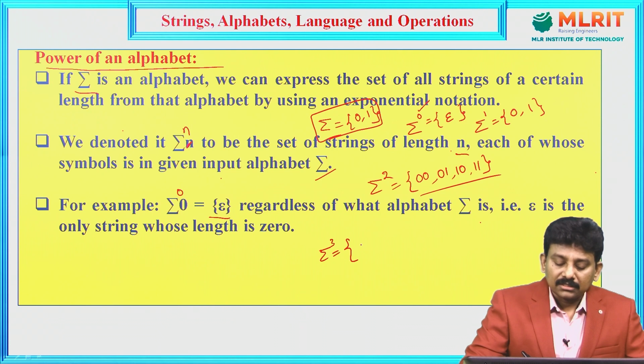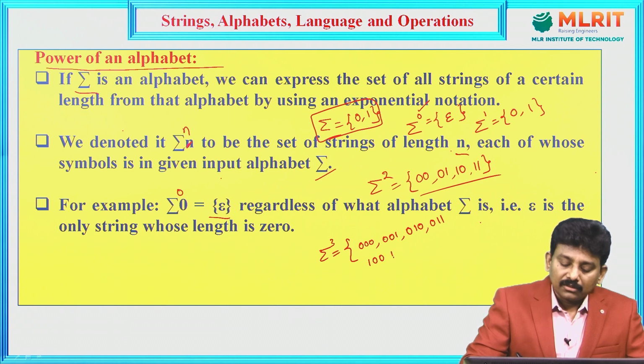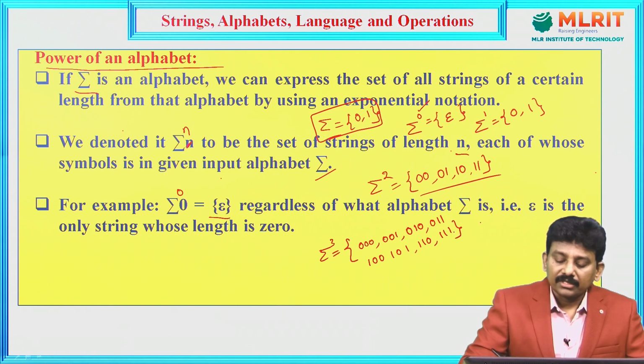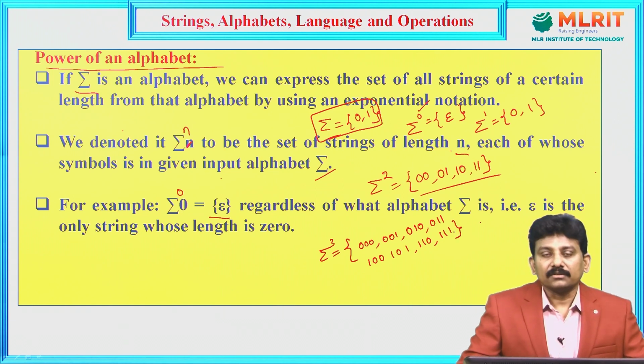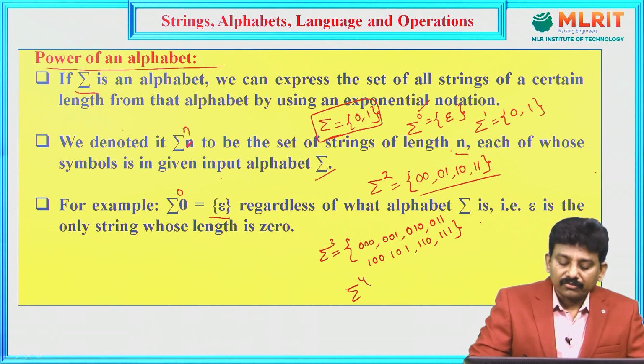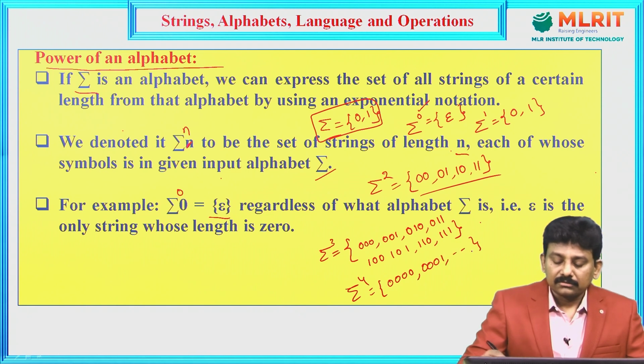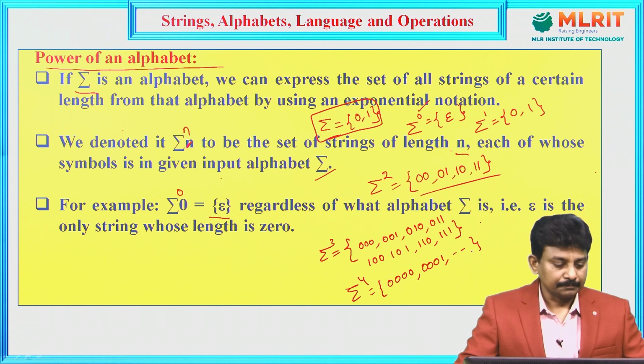Each string in the set has length 3: 000, 001, 010, 011, 100, 101, 110, 111. 1, 2, 3, 4, 5, 6, 7, 8 strings whose length is 3. Like that, sigma power 4: 0000, 0001 and so on, the set of strings whose length is 4.